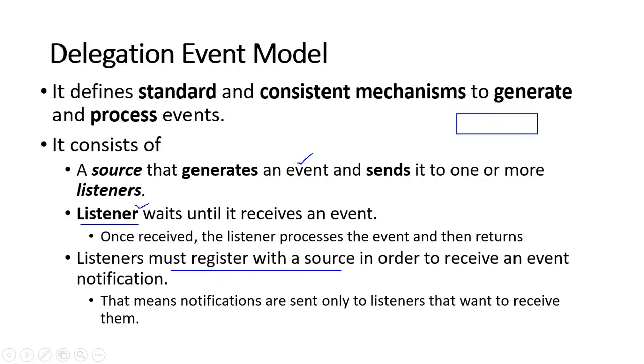So when you click on a button, the button will generate an event, and this event is given only to those listeners who have registered with that button. Not everybody will listen to that particular event.